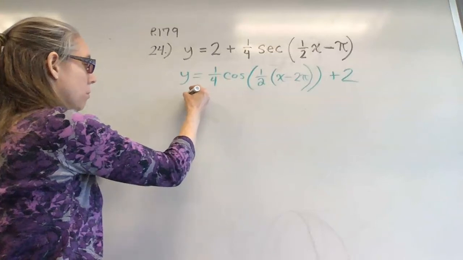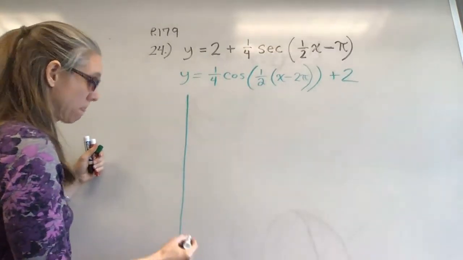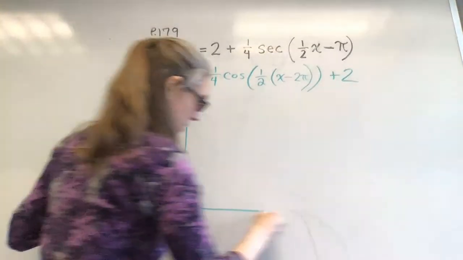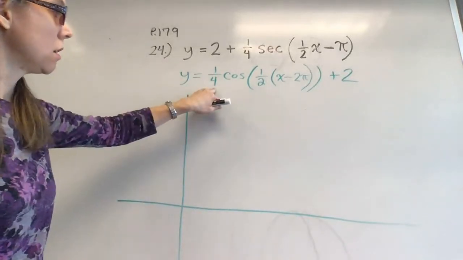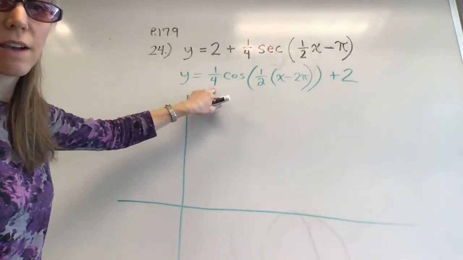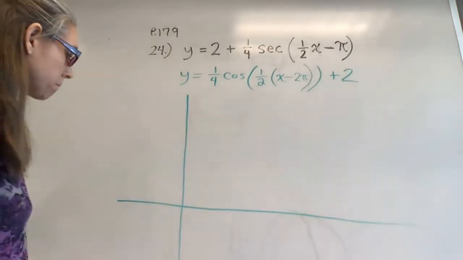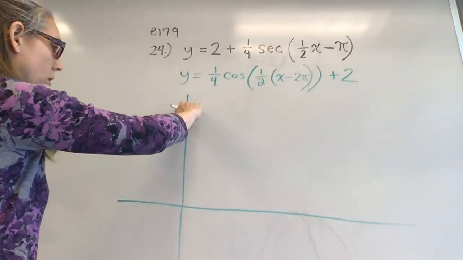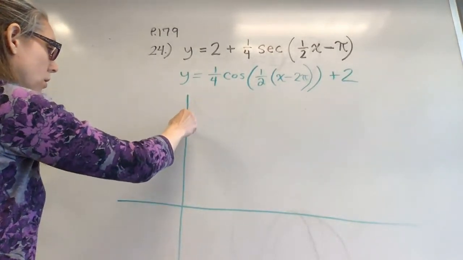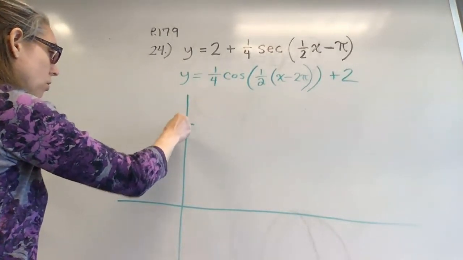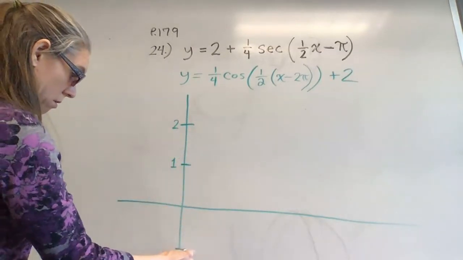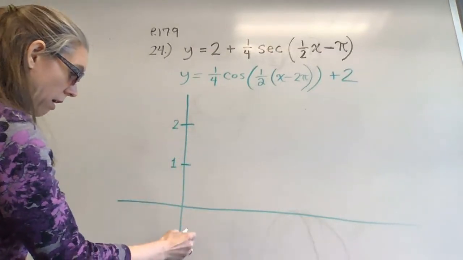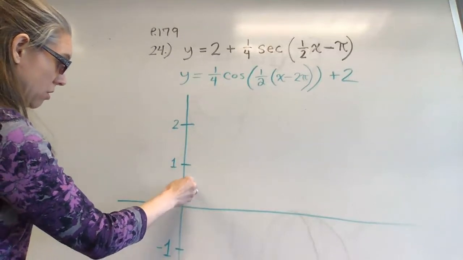So when I'm putting in my vertical labels, keeping in mind that I have a 1/4 here, I want to use increments of 1/4. So, okay, if this is 2, then I'll have 1/4 notches.